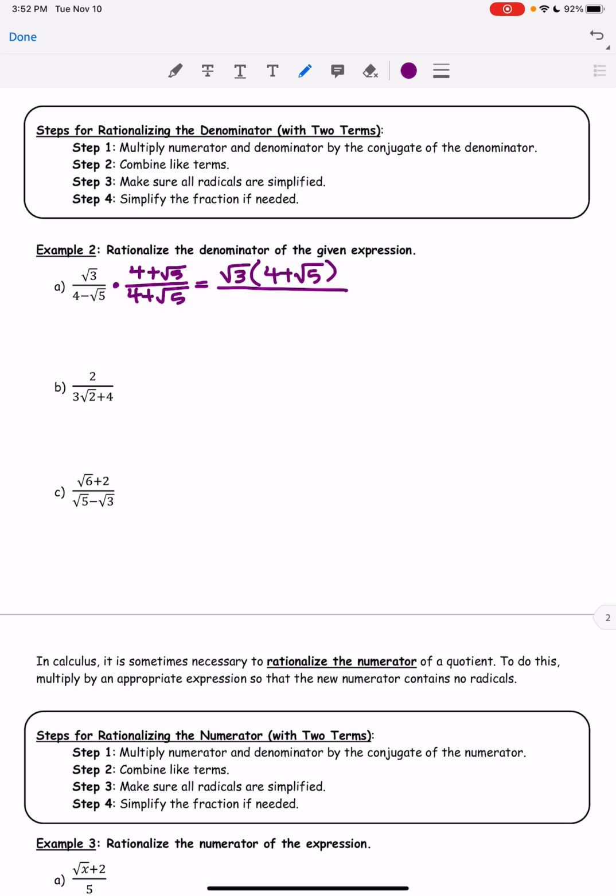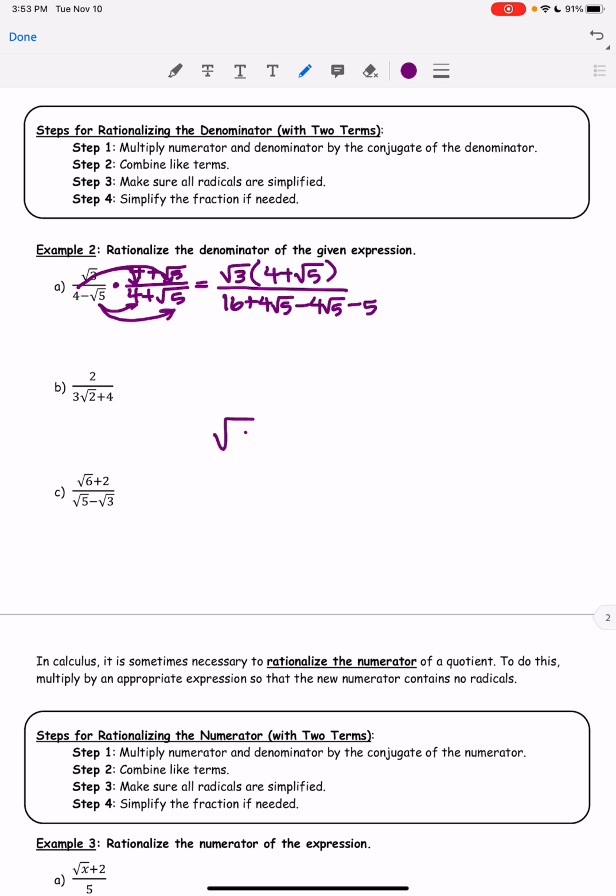You have to FOIL. 4 times 4 is 16. 4 times negative square root 5 gives me minus 4 square root 5. Negative square root 5 times 4 gives me a minus 4 square root 5. And negative square root 5 times square root 5 is negative square root 25. What's the square root of 25? That's 5, so I'll write that as a 5.